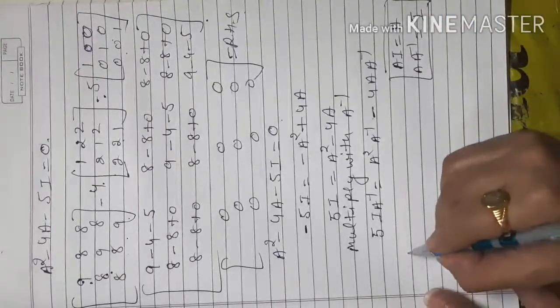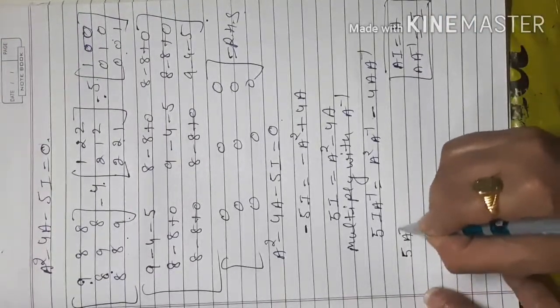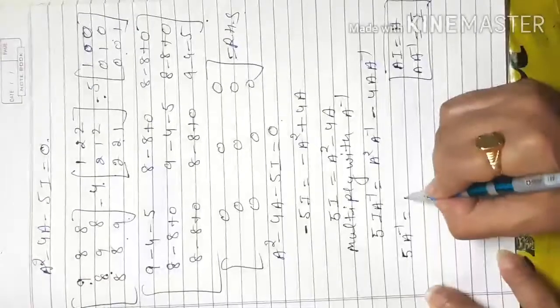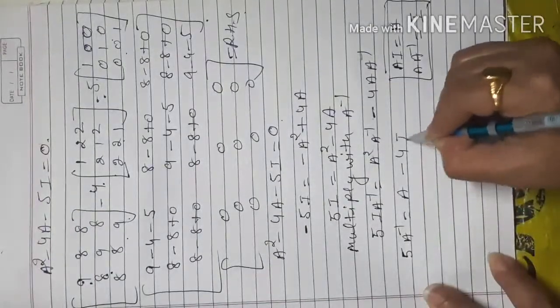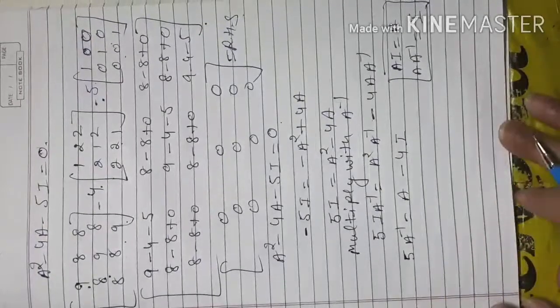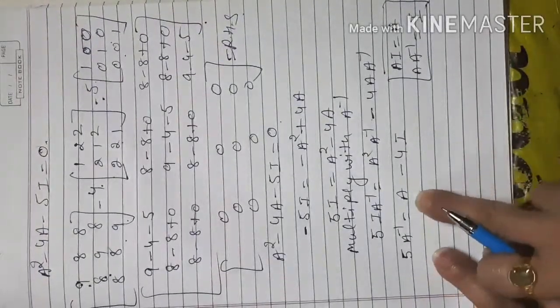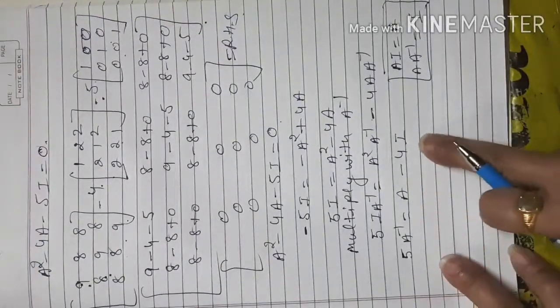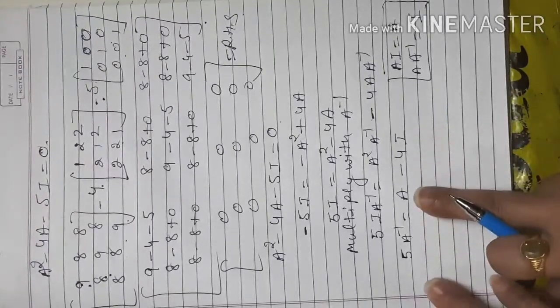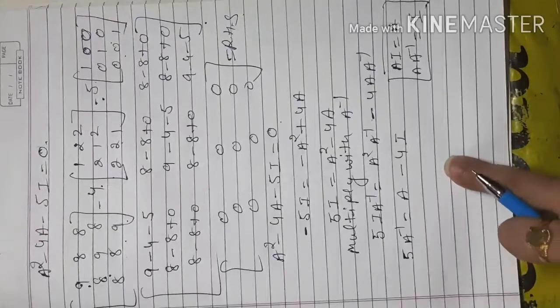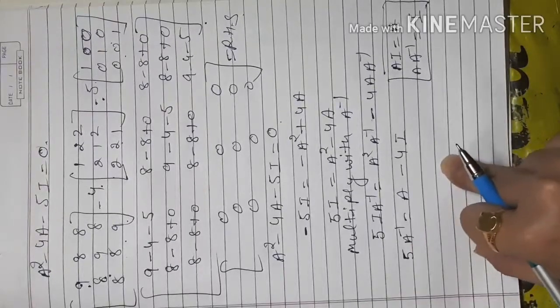If I apply it here, that becomes 5A inverse, then A square times A inverse leaves only A, and minus 4I. Now you just have to apply the A matrix and identity matrix on the right side. You calculate, you will get the answer, and this 5 goes downward. In this way we can get the A inverse.